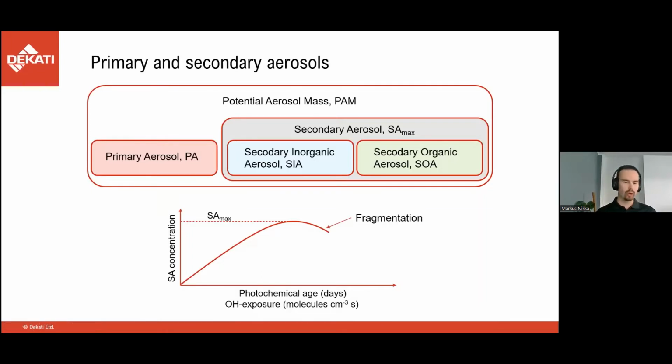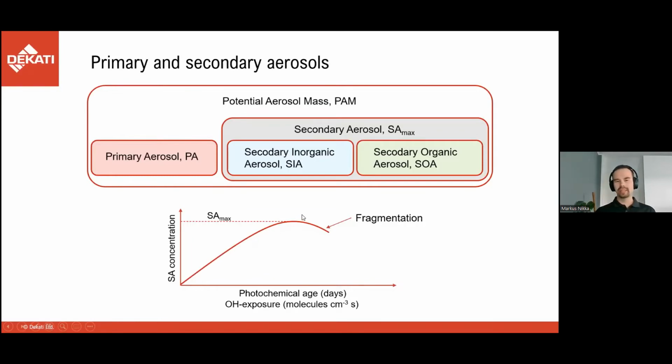We talk about OH exposure, the hydroxyl radical exposure, or the photochemical age of the aerosol. So the longer the aerosol and gas spend in the atmosphere, the more secondary aerosol mass they will produce, in principle.